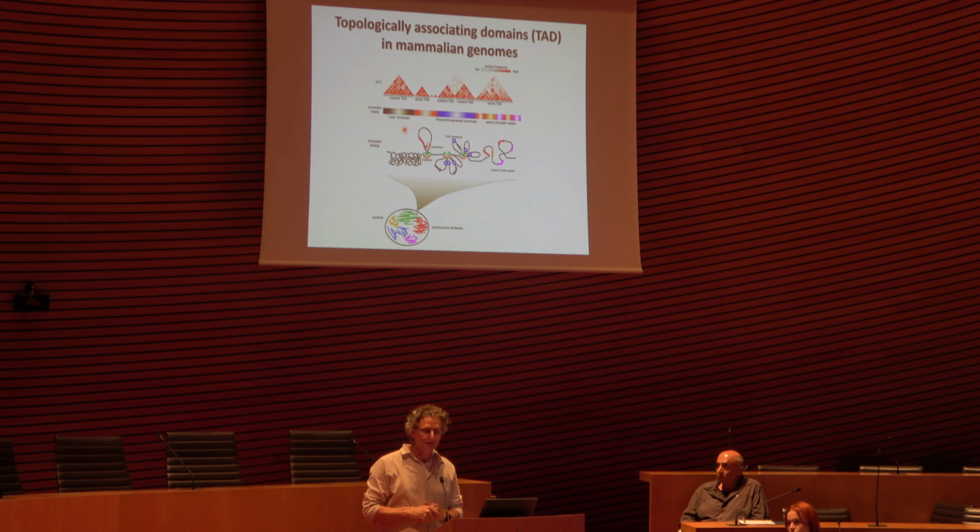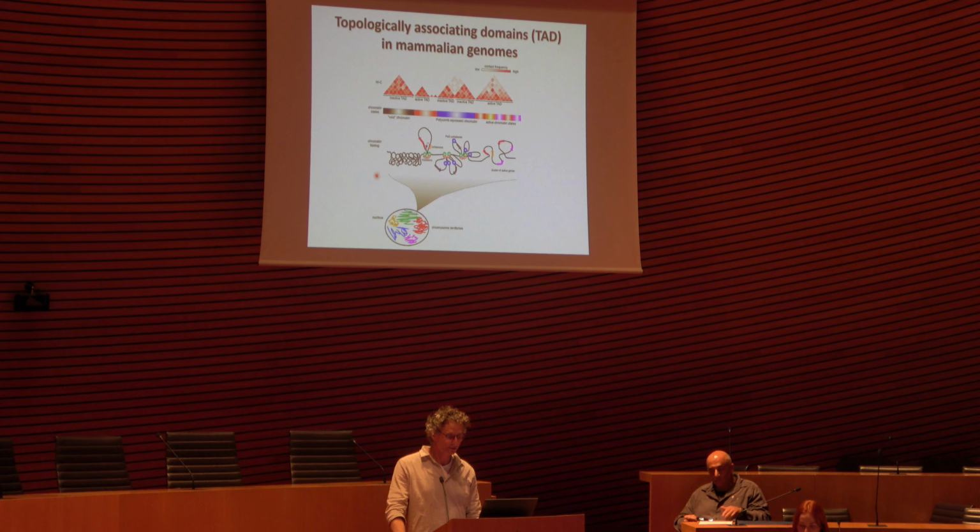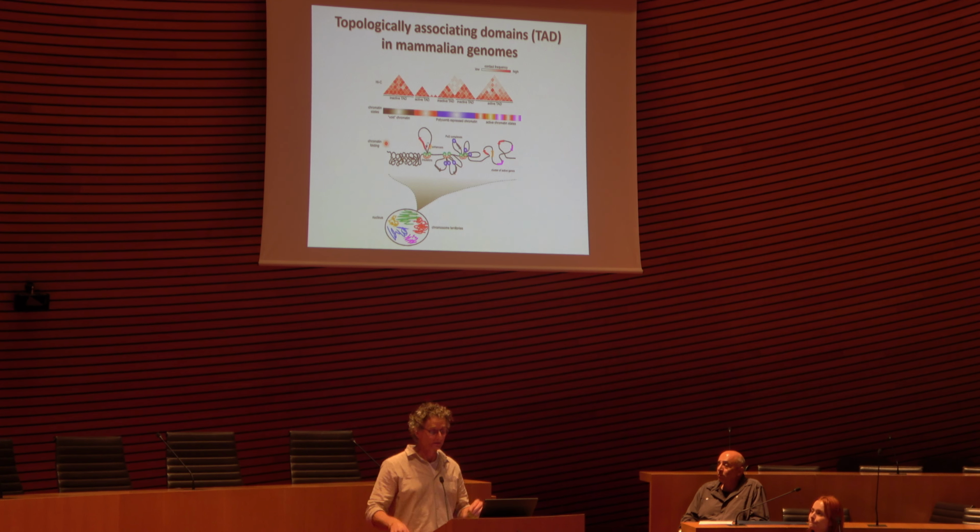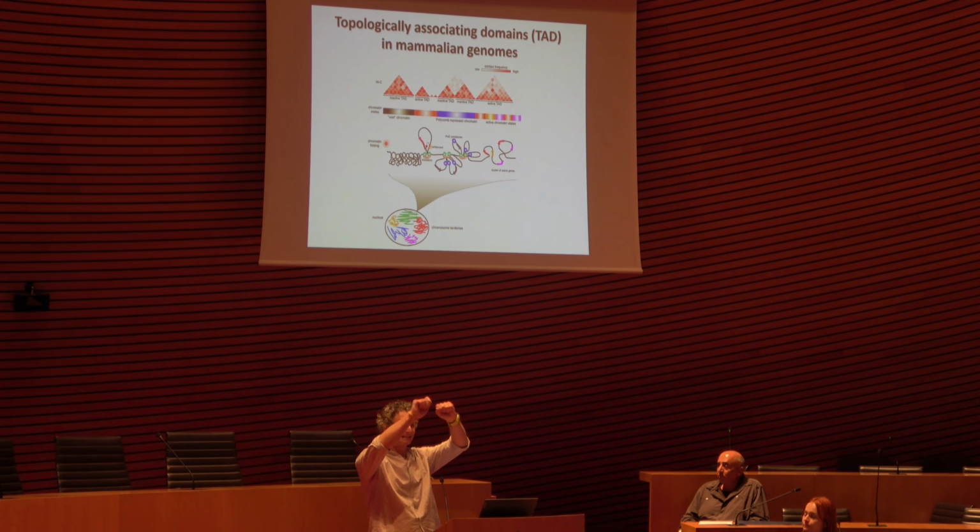And with that, all these methods based on chromatin conformation capture or Hi-C define what we call today topologically associating domains, which are certain regions of the chromatin that are likely to interact with each other.